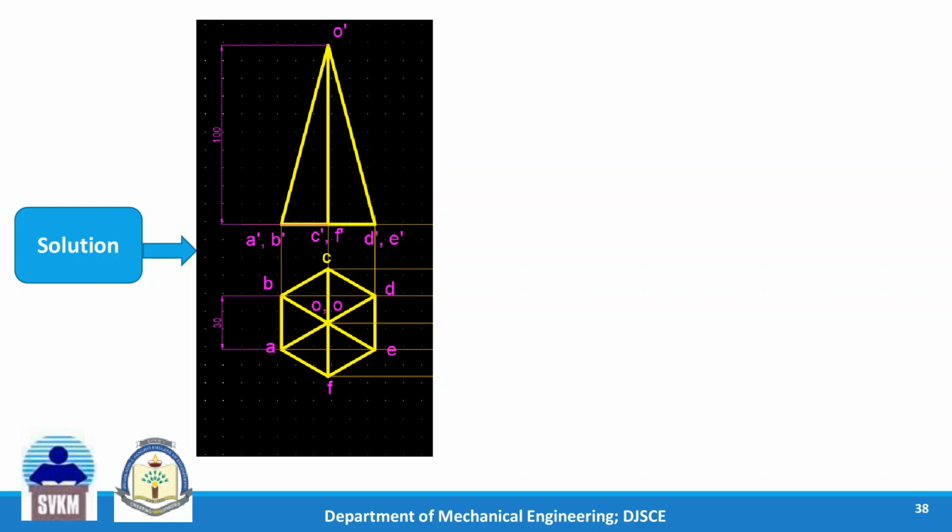So top view is this hexagon and the triangles for the slant edges. These are the slant surfaces, and in the front view we have this triangle, apex is seen here. So this is step 1 solution.